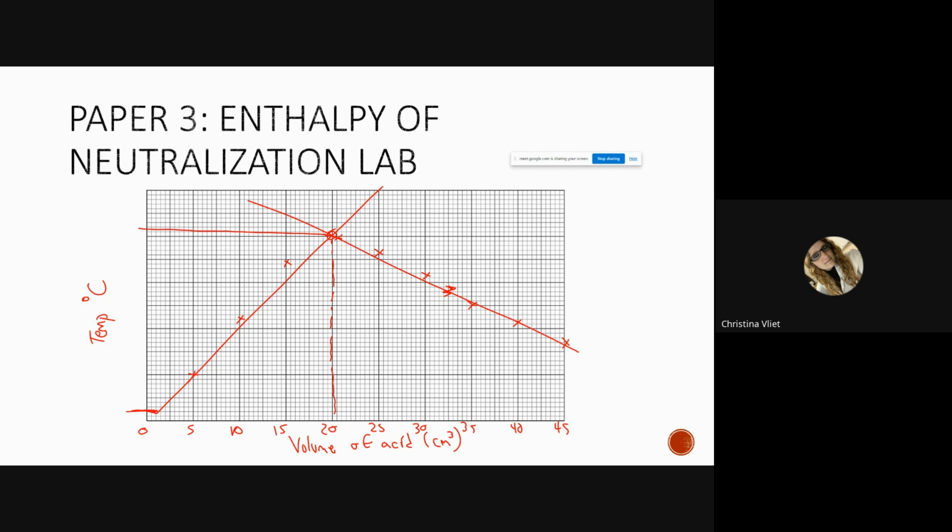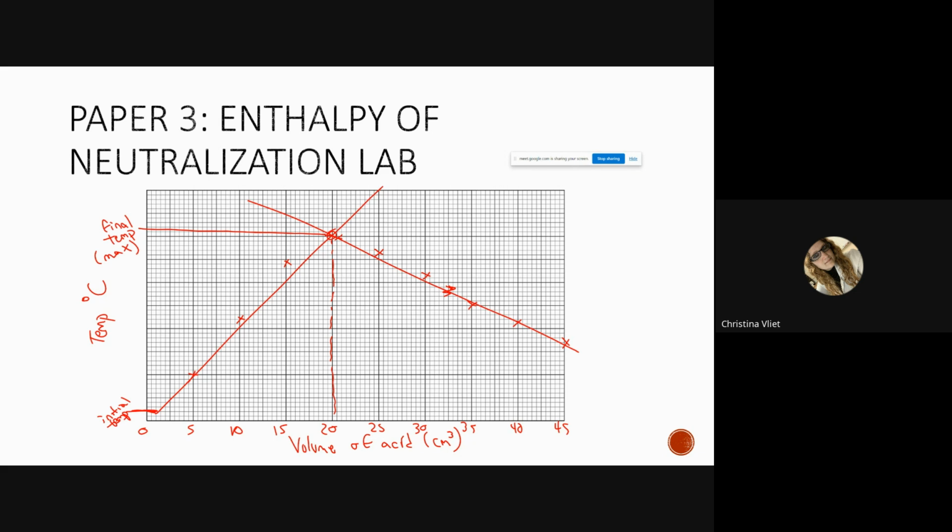So this is your final temp, or your maximum temp, right? That was achieved in the reaction. And your initial temp would be here. And you have to subtract those 2 amounts to get your delta T. So you're going to have to do that to do the math in this experiment. So you find the delta T by subtracting whatever these 2 numbers are on your graph. And then this is going to be for your calculations for like moles and stuff later on.